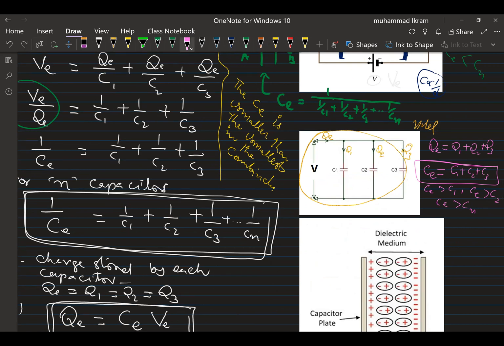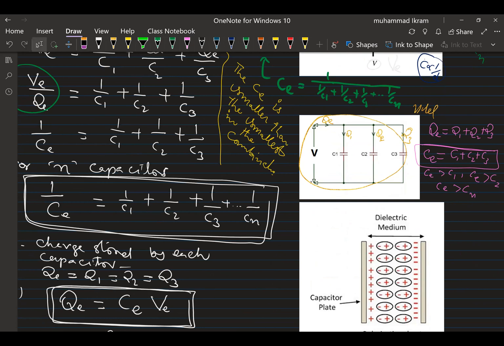Why? Let us see that. Let me support my logic. When you remove all the capacitors and replace them with a single capacitor, look, instead of this I just make one capacitor like this. Now you see that the distance between the plates is not changing.